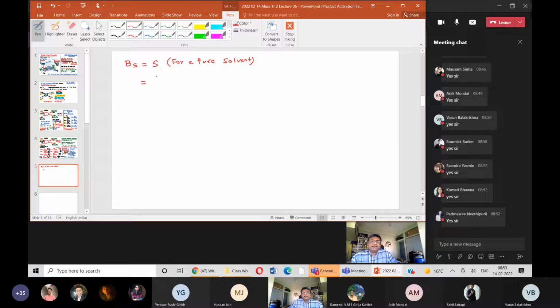Okay, now this I am writing as B in S divided by A in S plus C in S multiplied by A in S plus C in S. Now, mathematically, this equation is a valid one. All I am doing, I am multiplying the numerator and denominator with something. For a pure solvent, it turns out that both are equal to 0. But as long as I keep it only as an expression, this is a valid expression, yes or no?